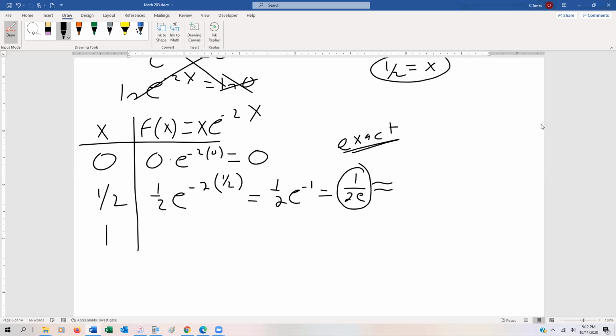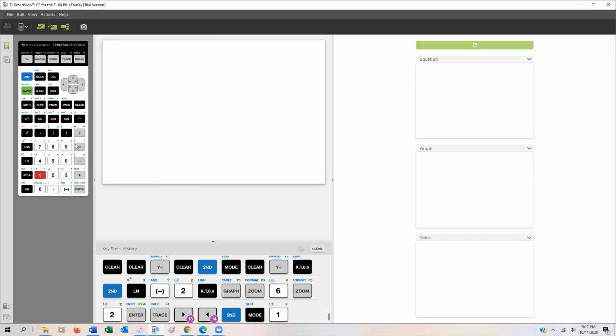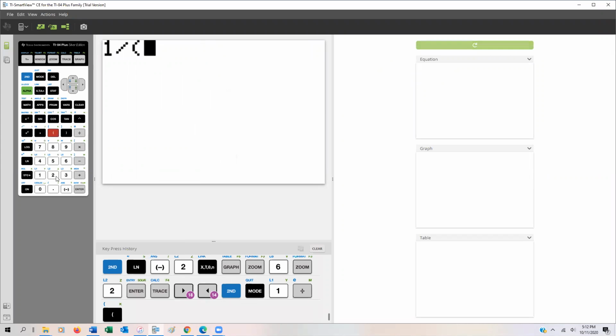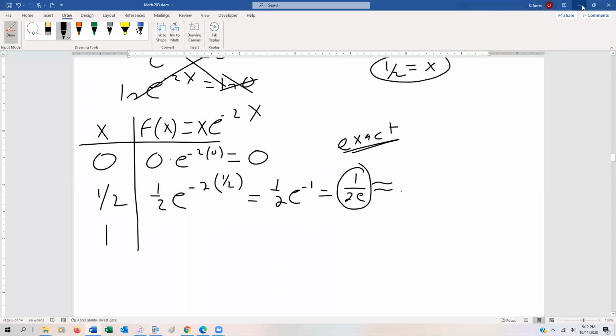We want the exact value. All right, but it can't hurt for us to be able to get the approximate value because we have to compare it. So let's go into our calculator. We're just going to do 1 divided by the quantity of 2e to the first power, since e is the same thing as e to the first, and that's going to give us 0.1839. So let's hold on to that.